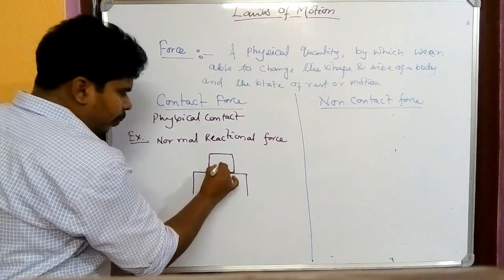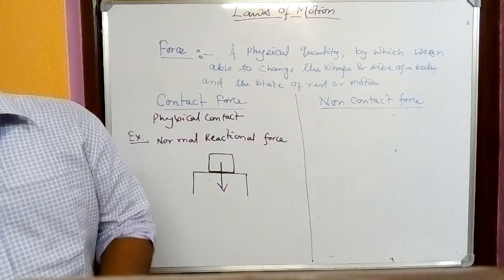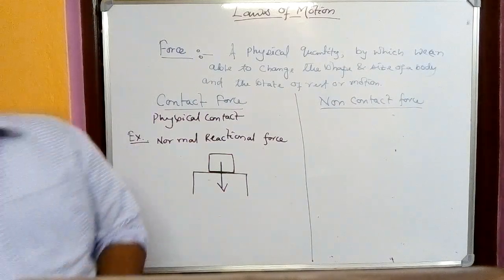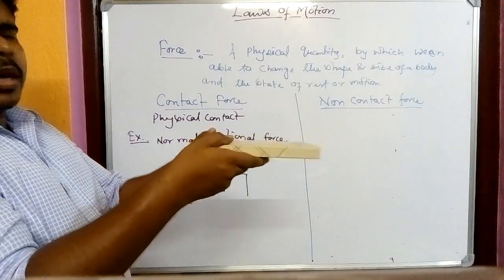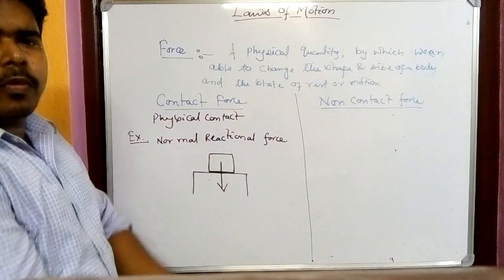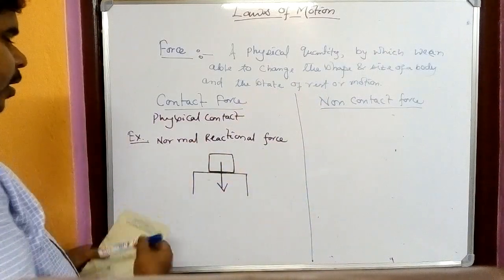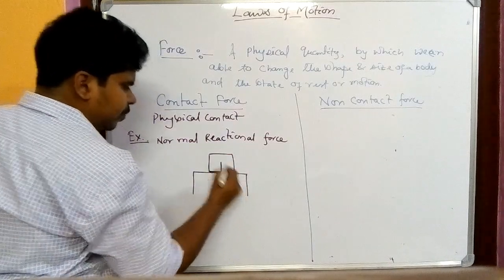This body will apply a force in the downward direction. Just as an example, this is a diary. If I hold it this way, the diary has a weight acting downward, because if I leave it, it will fall down. So the weight of the body is acting downward.